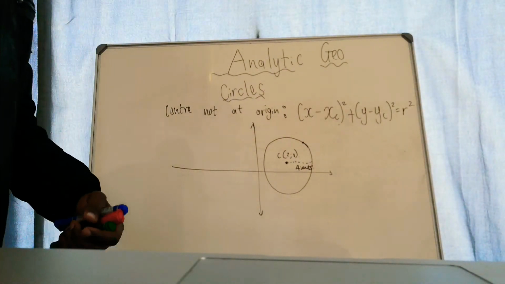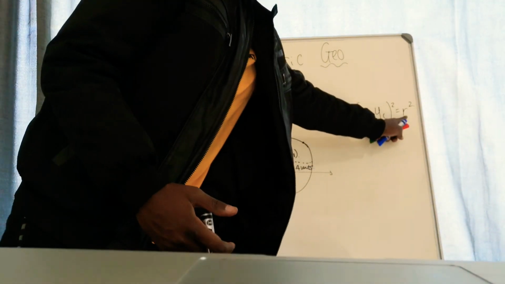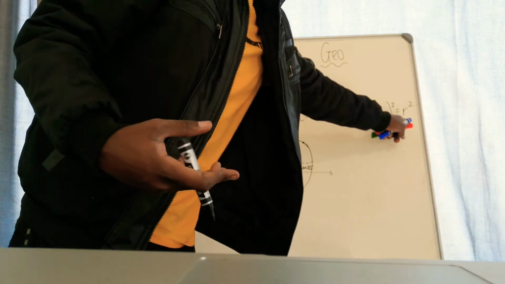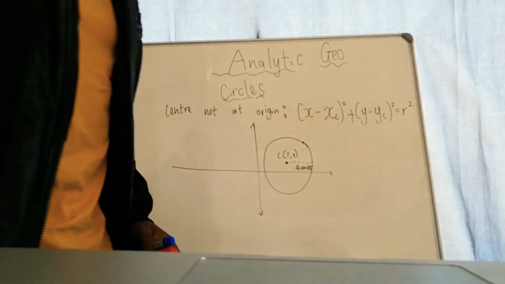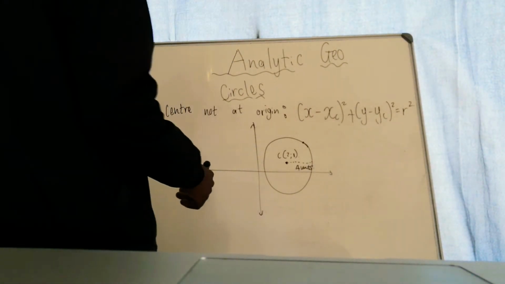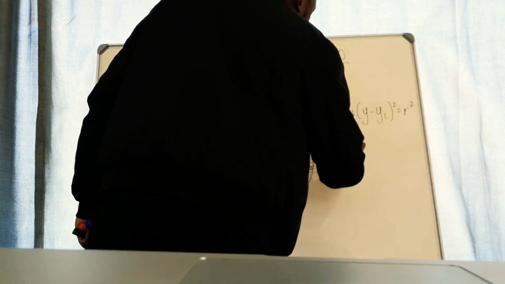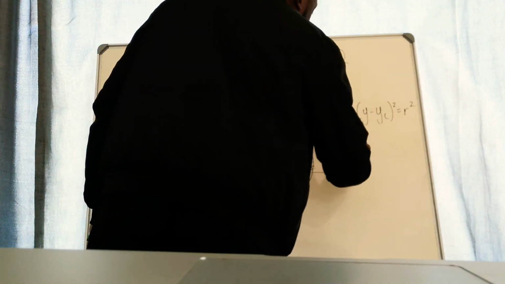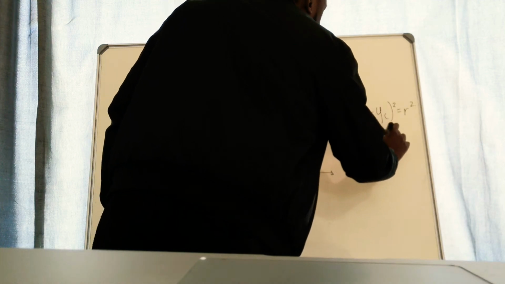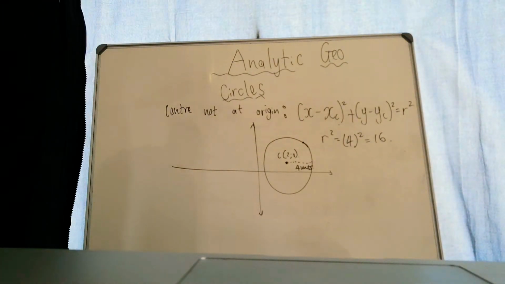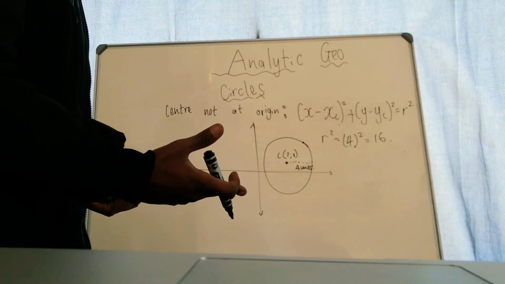So what they're actually giving you is that r value, not the r squared value, but the r value, the radius. And so for us to find r squared, we just need to take that and we square it. We get 16, right? We have our r squared value.